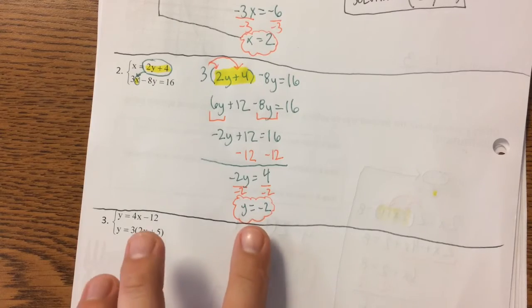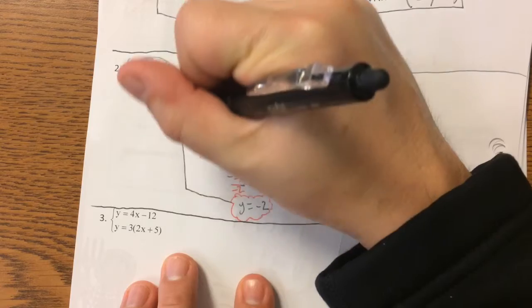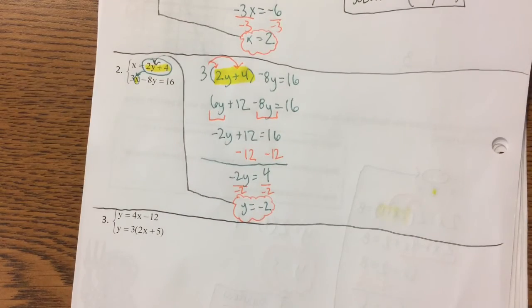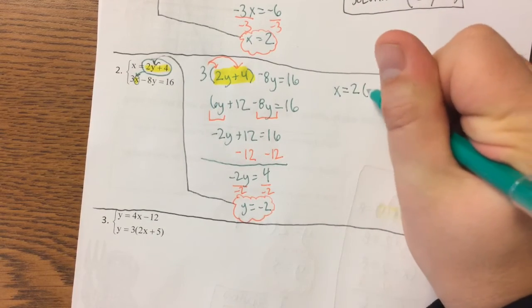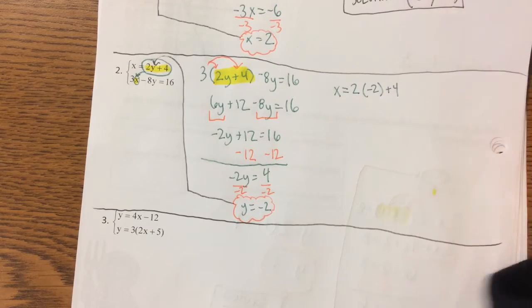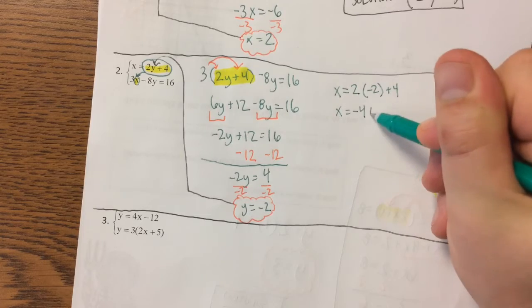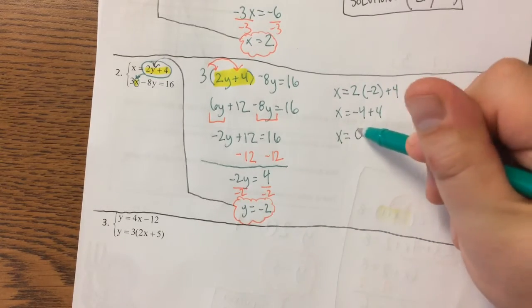So I've got my y. I'm going to take that and plug it back into this top equation. So I have x equals 2 times negative 2 plus 4. So negative 4 plus 4 is going to be what? 0.